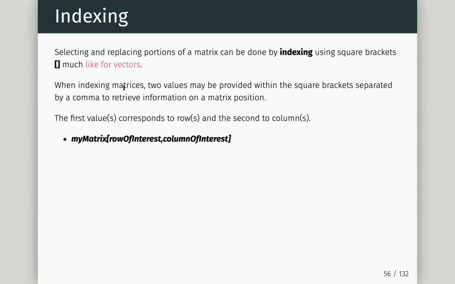We can then provide 2 values to specify exactly where in our matrix we want to extract or replace. We're still going to use our square brackets, with 2 indexes instead of 1. We have the row index, which goes first, then a comma, and then the column index.